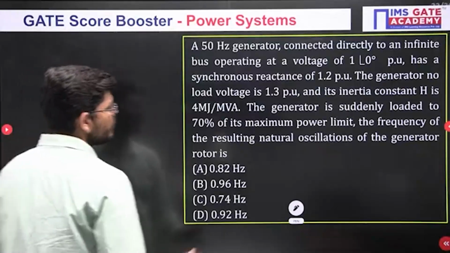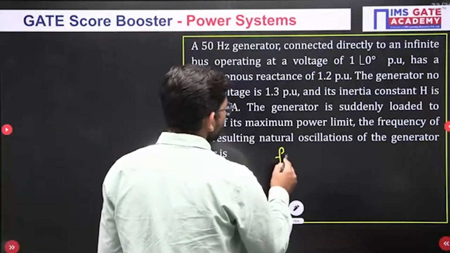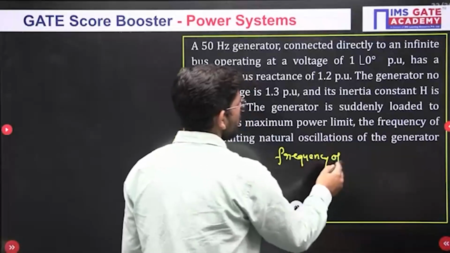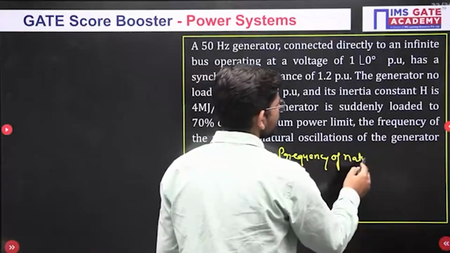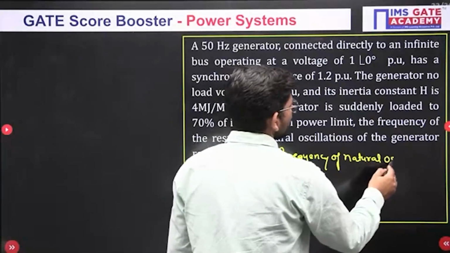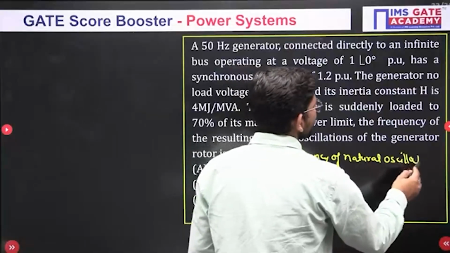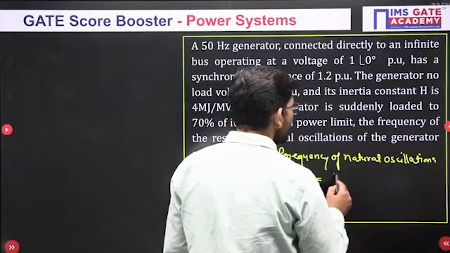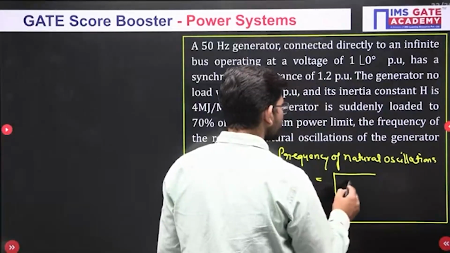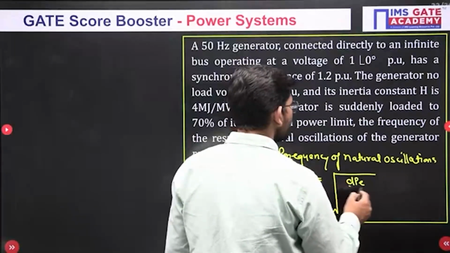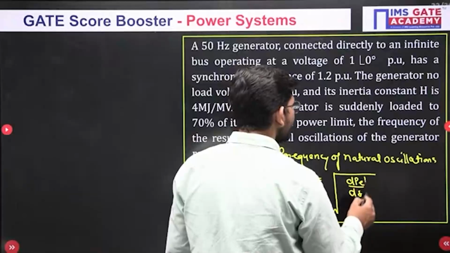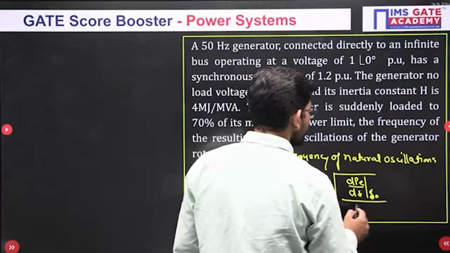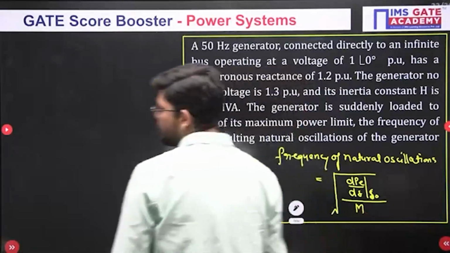So let me tell you the formula and then you can solve it. The frequency of natural oscillations, guys, this topic is very much saturated. These are the kind of questions that can be asked to you, some unorthodox kind of question. It will be equal to the square root of dP upon d delta at the value of delta naught, divided by M. This is what you will calculate.